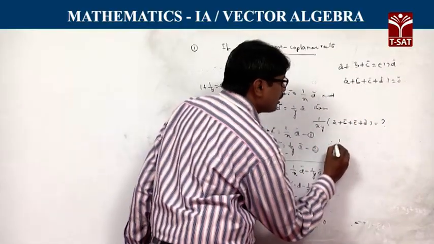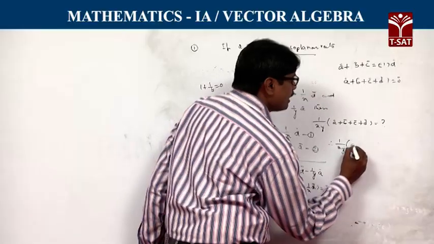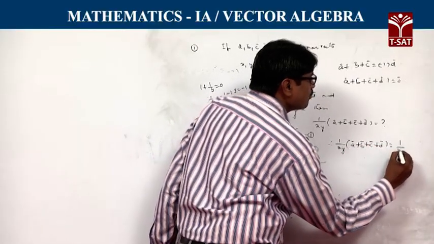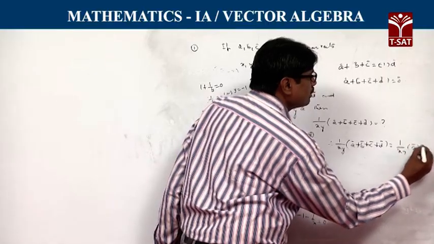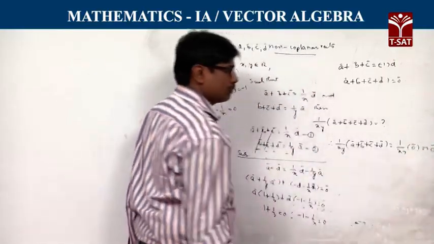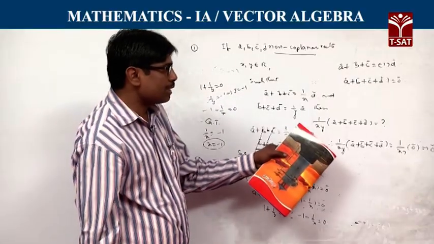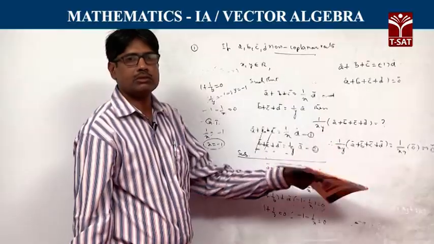Therefore, the value of 1 by xy times of a bar plus b bar plus c bar plus d bar is equal to 1 by xy into 0 bar, which is the null vector 0 bar.